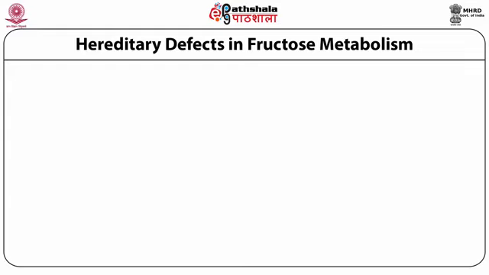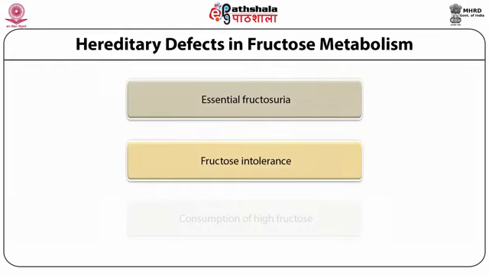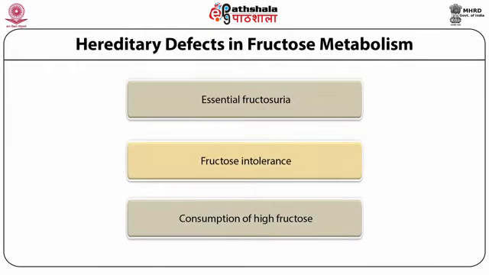Hereditary defects in fructose metabolism are essential fructosuria, fructose intolerance, and consumption of high fructose. In case of essential fructosuria, fructose is not converted to fructose 1-phosphate due to the deficiency of the enzyme hepatic fructokinase.